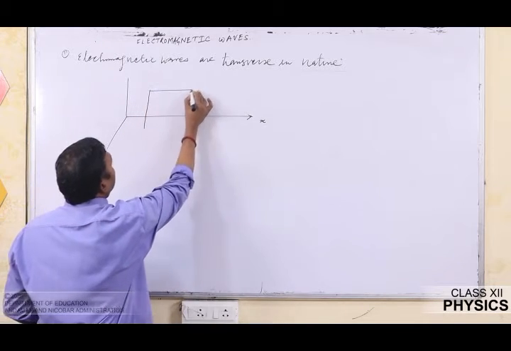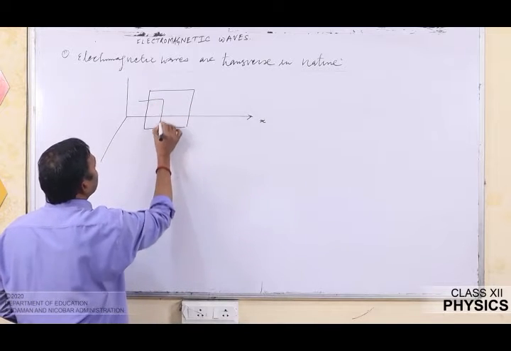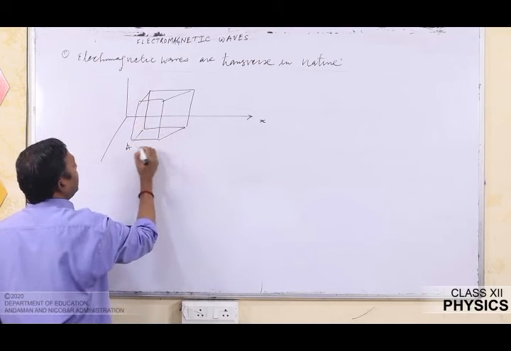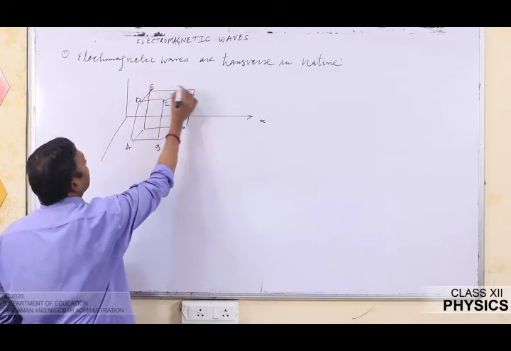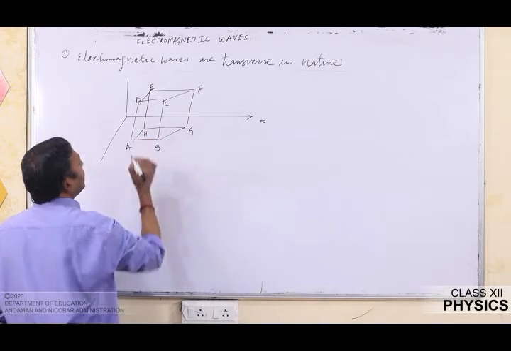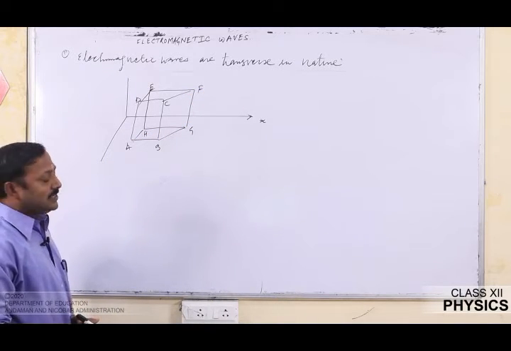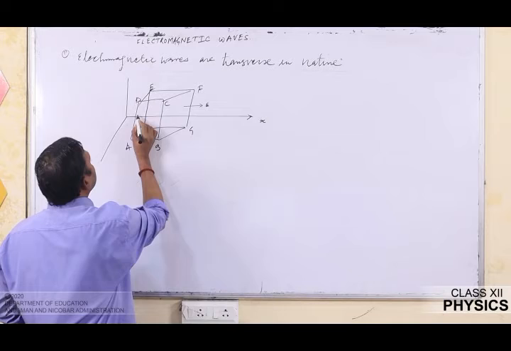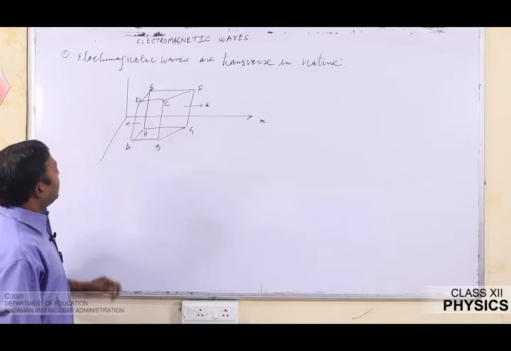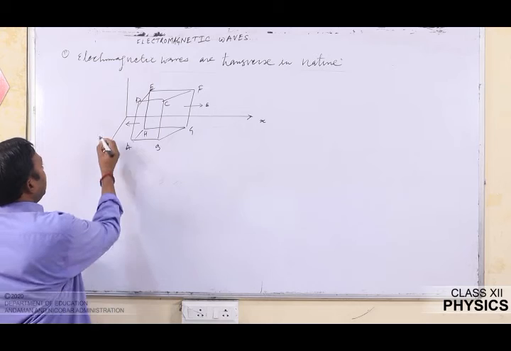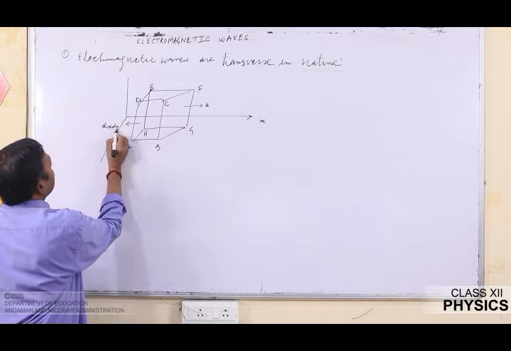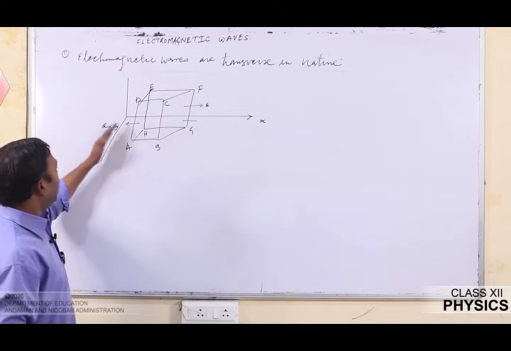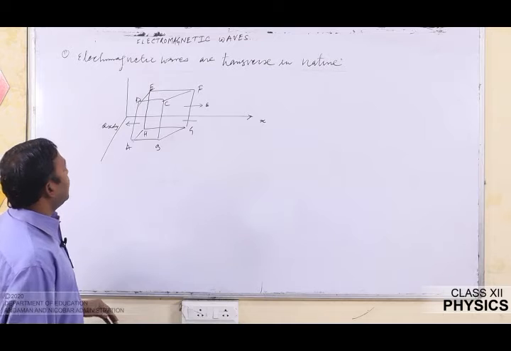Now let us take a small cube here which encloses some volume, let us say A, B, C, D, E, F, G, H. Now, let us suppose that the electric field is acting along the x axis. Here on both the surfaces AHED and the opposite one, the areas are acting in opposite directions to each other, that is, one is acting towards the negative x axis, another towards the positive x axis.